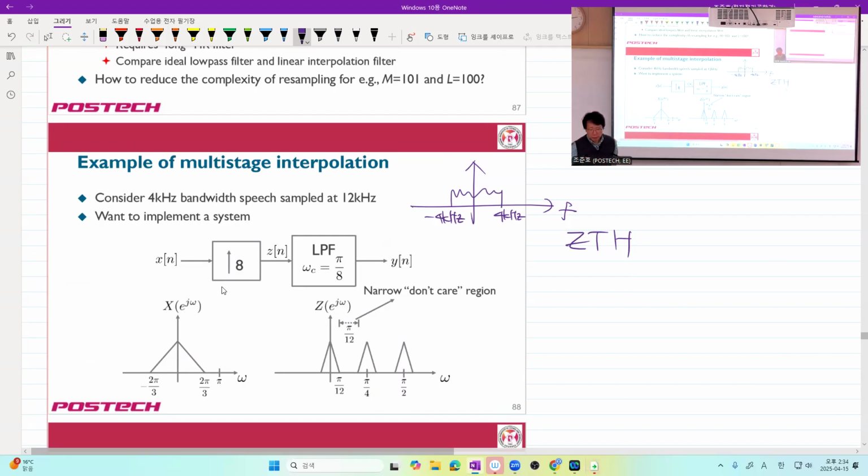Anyway, this highest frequency content is around 4 kilohertz, and we have a 12 kilohertz sampling rate, which satisfies the Nyquist condition. So we are happy. After we sample, this is the 12 kilohertz sampled signal.